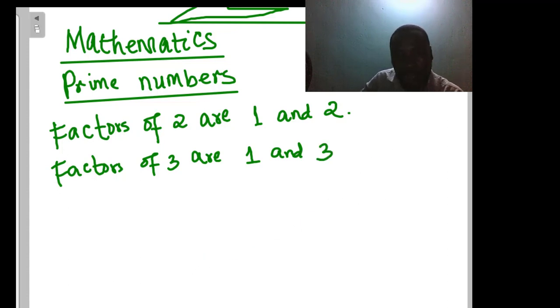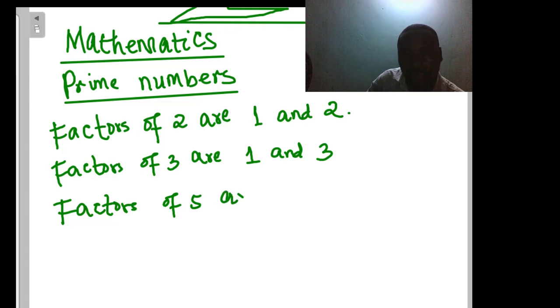If we go to 4, 4 doesn't fall in this special category, because 4 has factors 1, 2, and 4. 4 has 3 factors, so 4 doesn't fall in this category. If we go to 5, we discover that factors of 5 are 1 and 5.